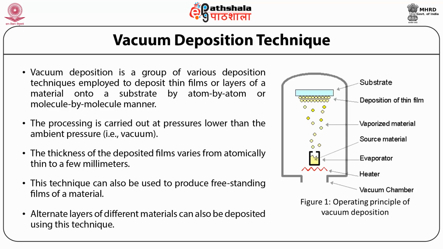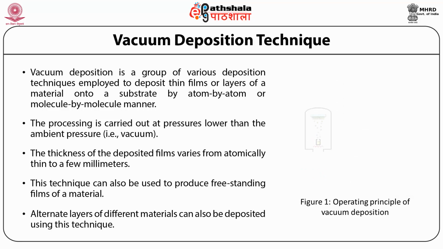Consequently, alternate layers of different materials can also be deposited using this technique. As an example, this technique can be used to produce optical coatings where layers of different materials are present on top of each other. Figure 1 shows the operating principle of vacuum deposition, where we have a substrate onto which the thin film is deposited.